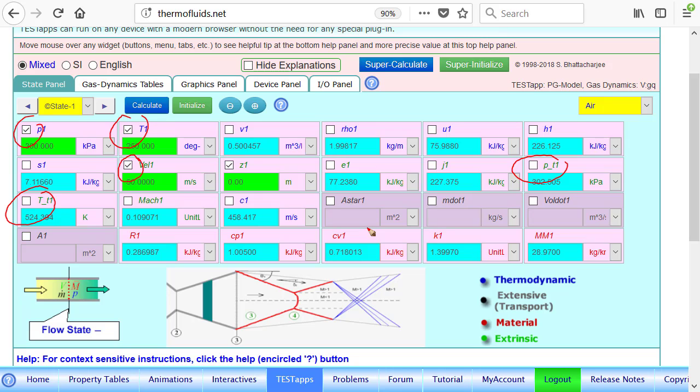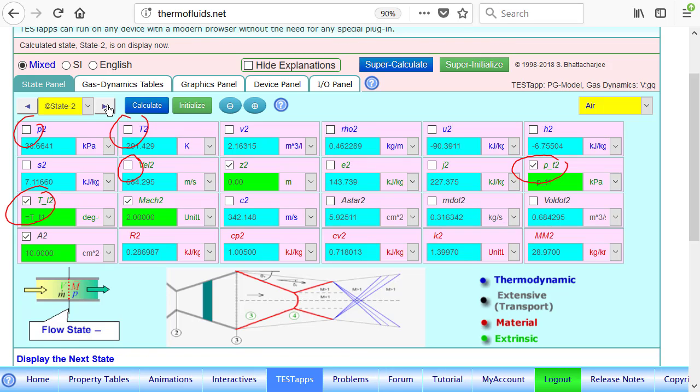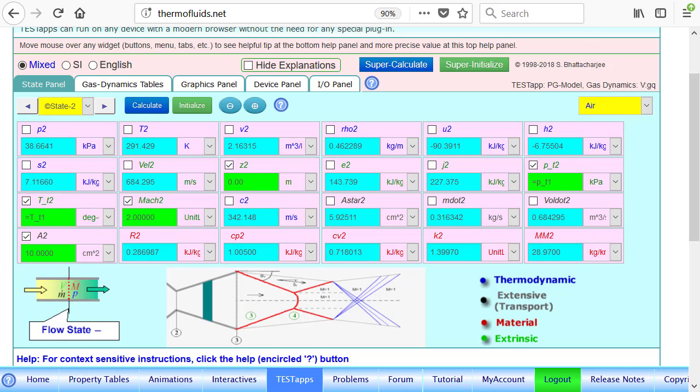We could find it after the fact because if we do the exit state, which is state 2, Mach number is given to us. So let's take a look at what is given here. Oops, let me erase this marker first and put some new marks. Mach number is given at the exit state. And we know that total temperature will be the same, total pressure will be the same, and also the area is supplied to us.